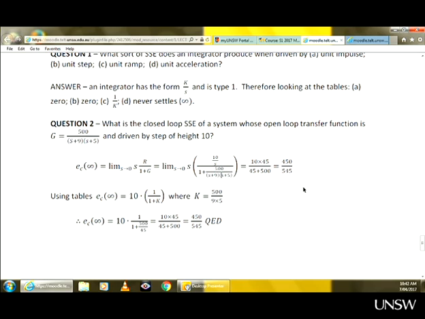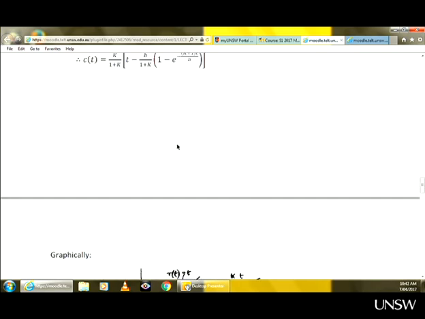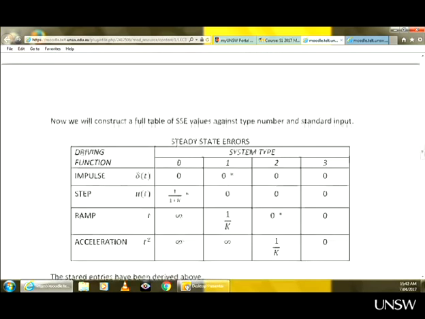Or if you use the tables, be careful. You have to multiply the steady-state error by the magnitude of the input, which is 10. So if you use the tables, okay, it is a type 0 system, and you have a step. So back in the tables, type 0 step input will give us 1 over 1 plus K. But times 10, because it is not a unit step, it is a step of magnitude 10.